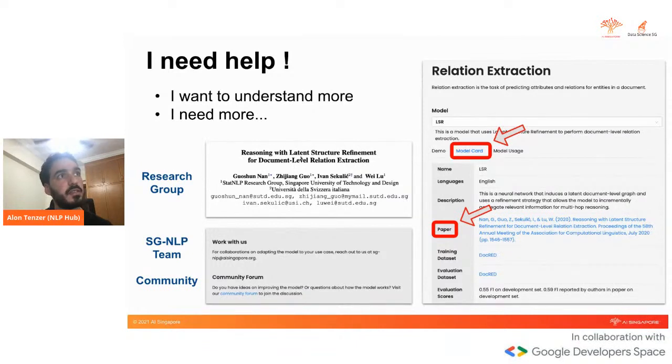So this is an example of the information at the top of a paper about how to reach out to the research group, and this is how to work with us.